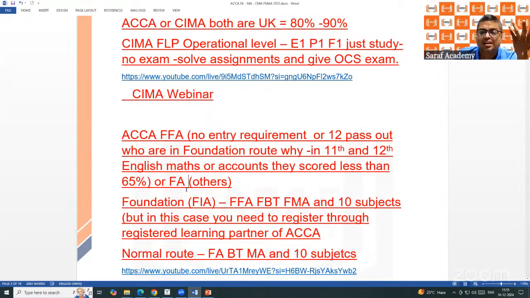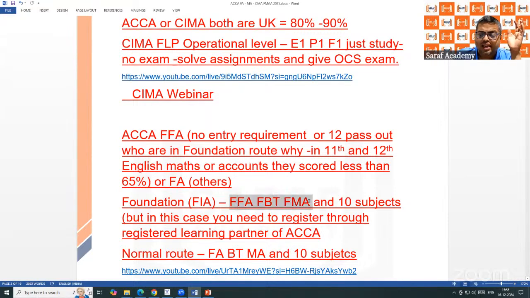But if you have not scored 65% marks in 12th standard in any two of maths, English and accounts, or you were not even 12th pass-out, you were 10th pass-out, 8th or 9th pass-out, you are still able to do ACCA by the FIA route, where you need to give the same exams as FFA, FBT, FMA.